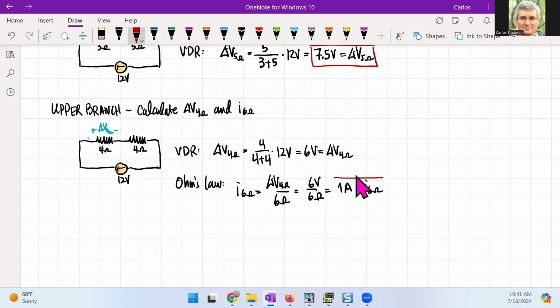So now we've calculated our quantities without too much work here.